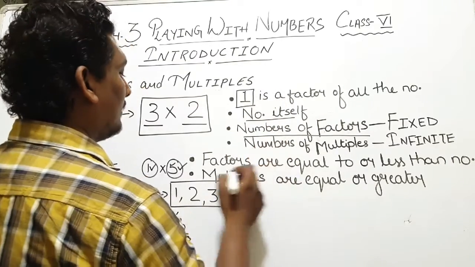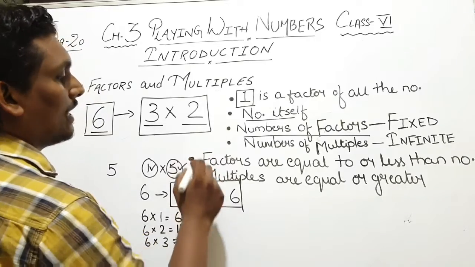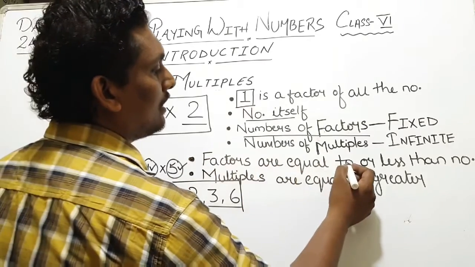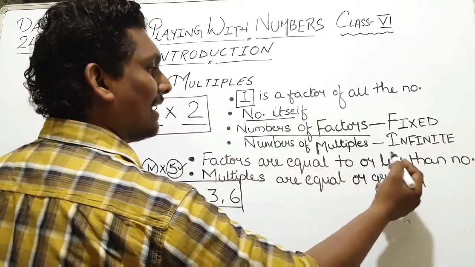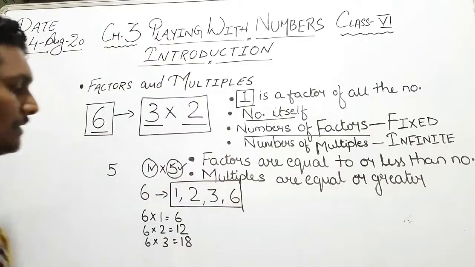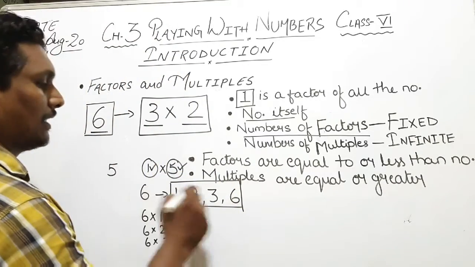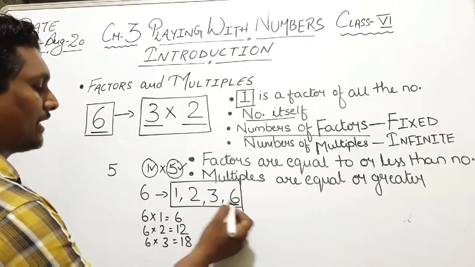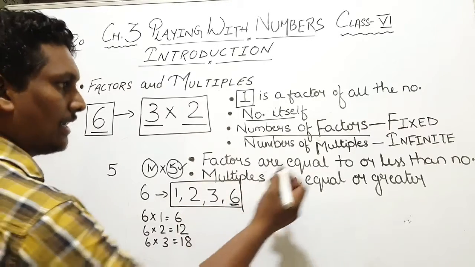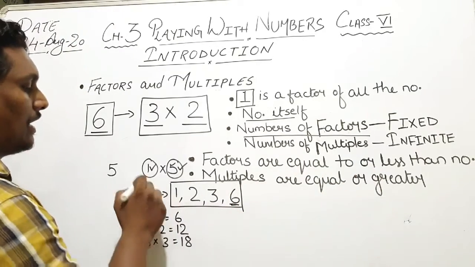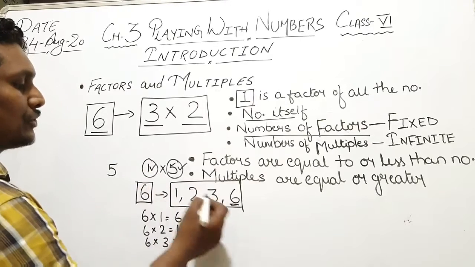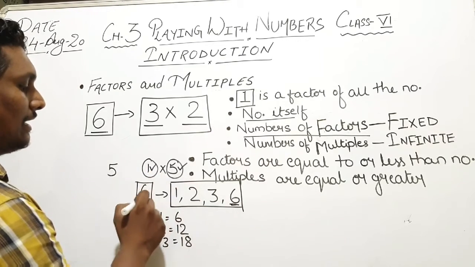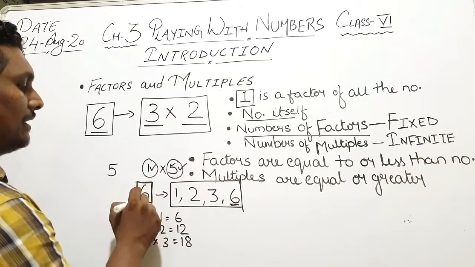Now come to the next point, which says factors are equal to or less than the number. This is a factor of 6: it is either equal to 6 or less than 6. Whatever the factor may be, it should be less than the number 6, or equal to it.